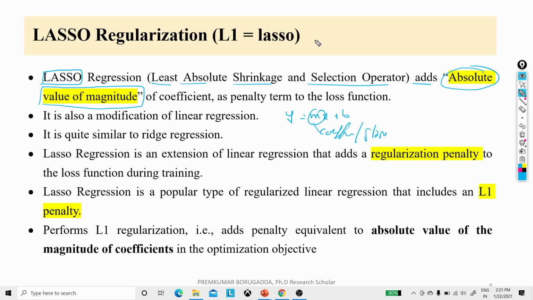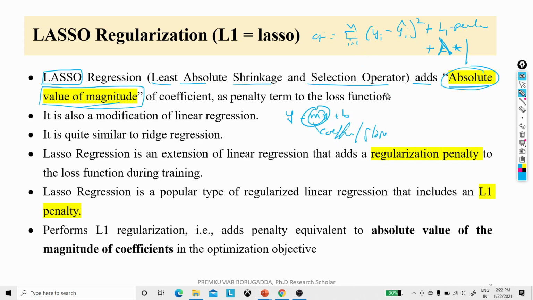In the cost function, the loss function is the sum from i equals 1 to n of (yi minus y hat) squared, plus the L1 penalty. Under the L1 penalty we add lambda, which is multiplied with the absolute value of magnitude.